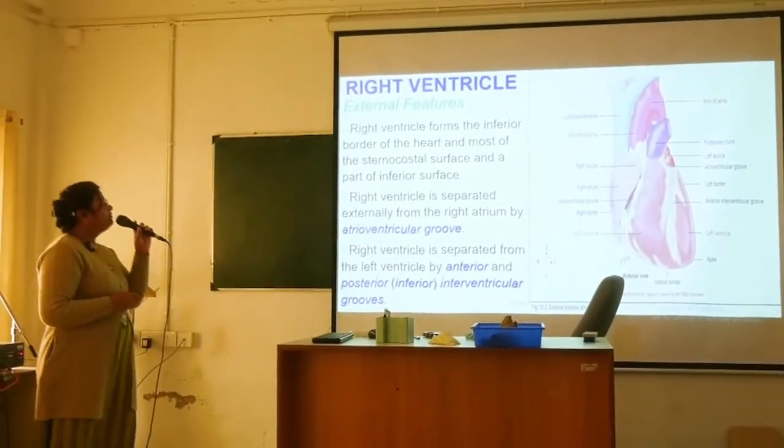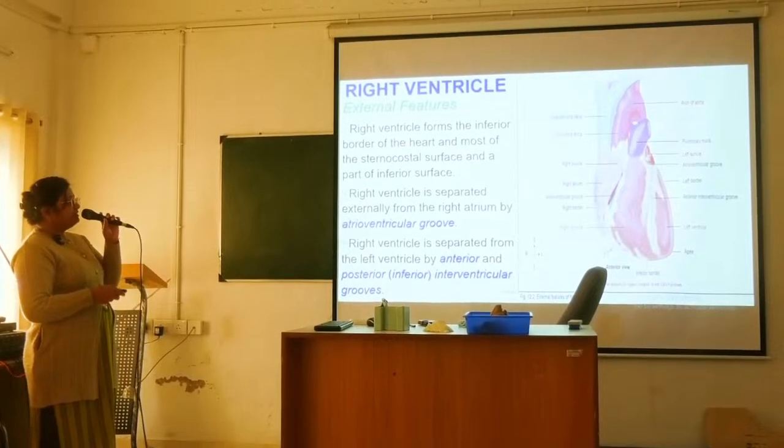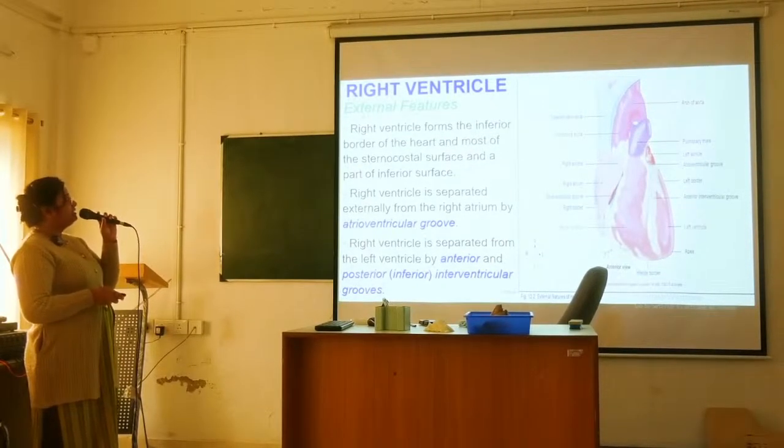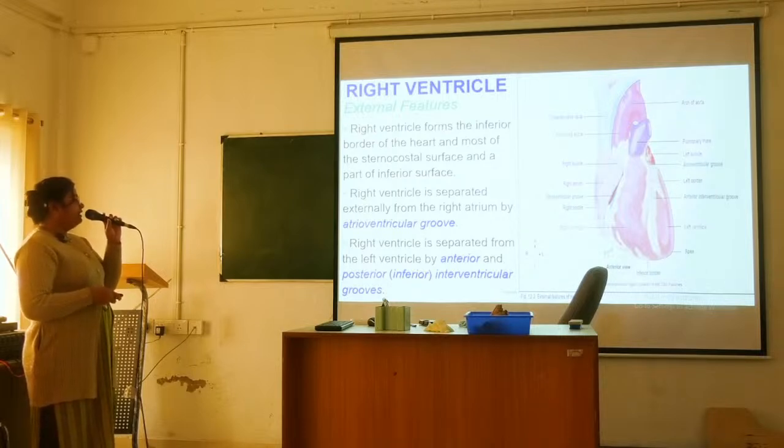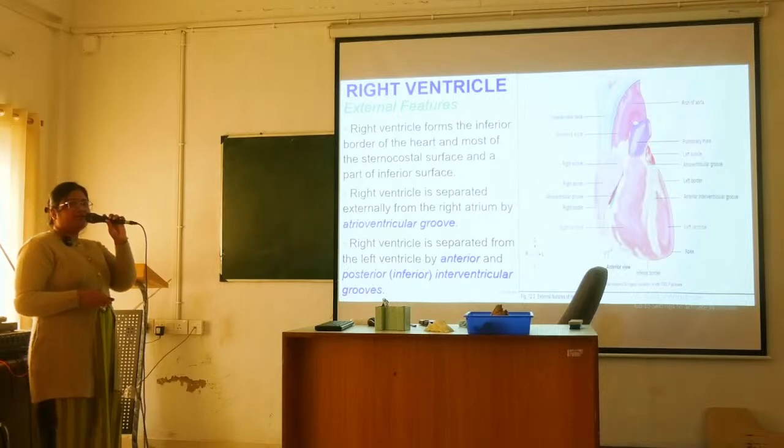So the right ventricle forms the inferior border of the heart. Here is the right ventricle forming the inferior border, sternocostal surface, part of the inferior surface, and the right ventricle is separated externally from the right atrium by the atrioventricular groove. Here is the atrioventricular groove, and it is separated from the left ventricle by the anterior and posterior or inferior interventricular groove.